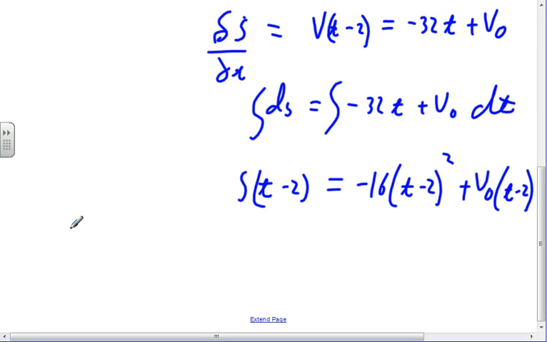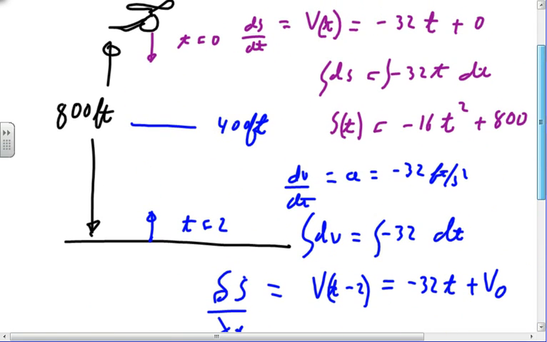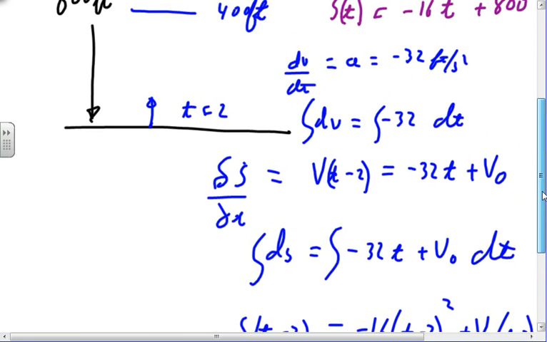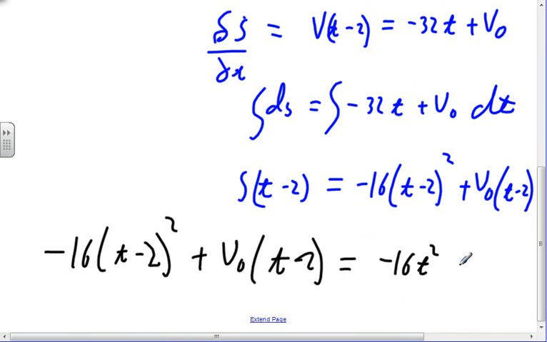So minus 16 (t minus 2) squared plus v naught (t minus 2) has to equal minus 16t squared plus 800.